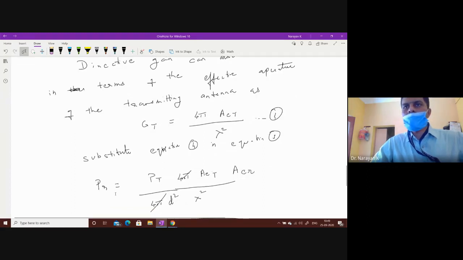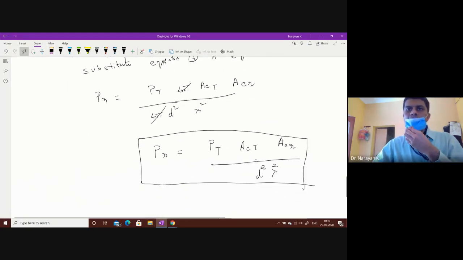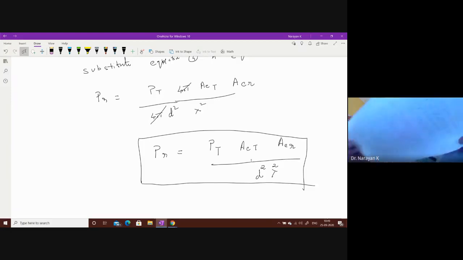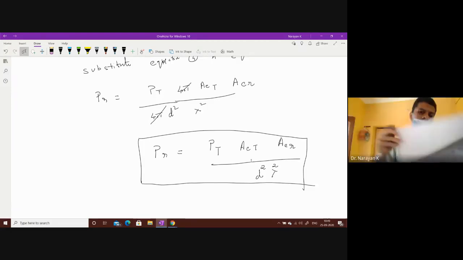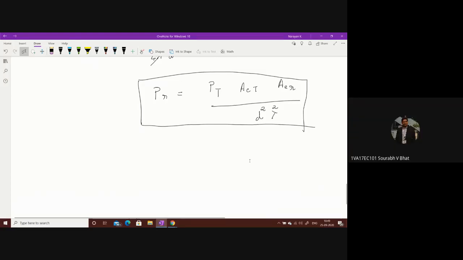Substituting equation 4 in equation 3, we get power received equal to power transmitted into AET into AER divided by the square of the wavelength and the square of the distance. Any doubts? No, sir. Okay.